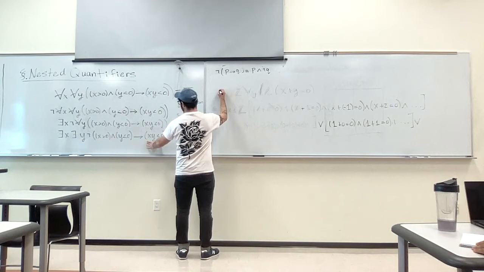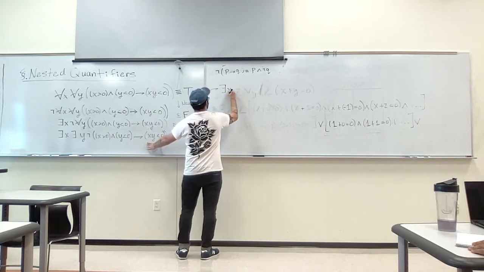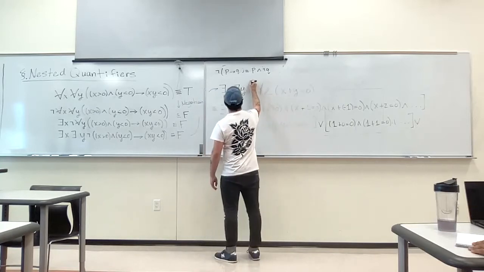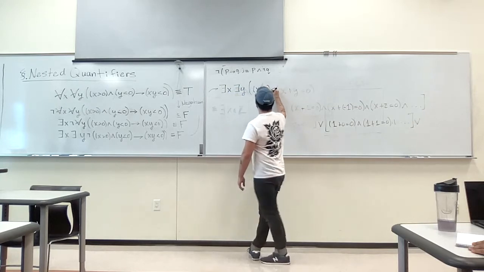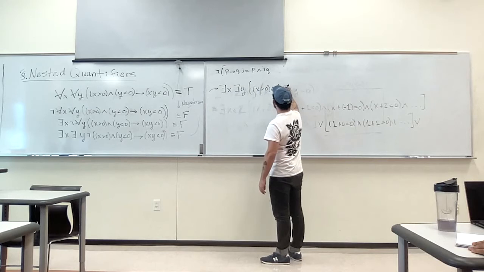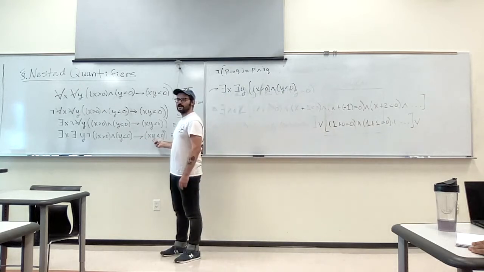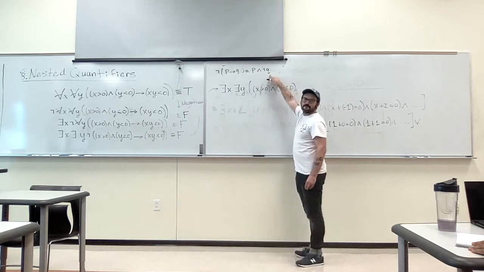So what we get: there exists X, there exists Y, such that X greater than 0 and Y less than 0, and not that. That's and not the conclusion.